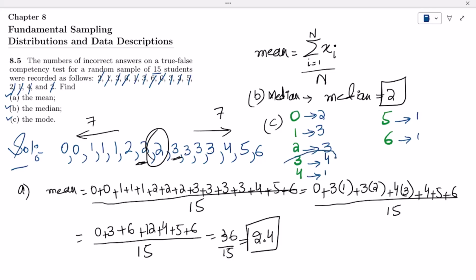So 3 is the number repeated the most. Therefore the mode is 3.